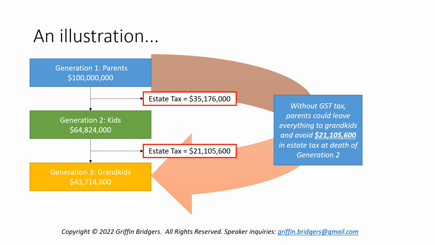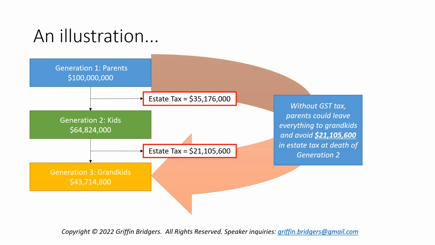So again, we looked at the illustration of how the GST tax works in the various generations we're walking through. And without a GST tax, as we recall, we could save estate taxes of $21 million and change by simply making a direct transfer from Generation 1 to Generation 3 and skipping intentionally the living members of Generation 2.